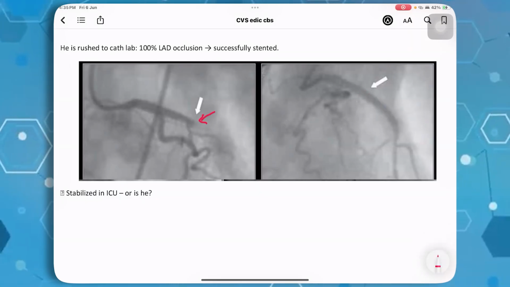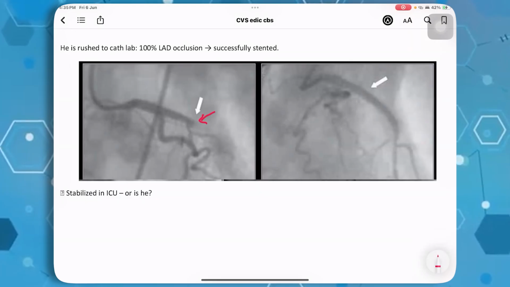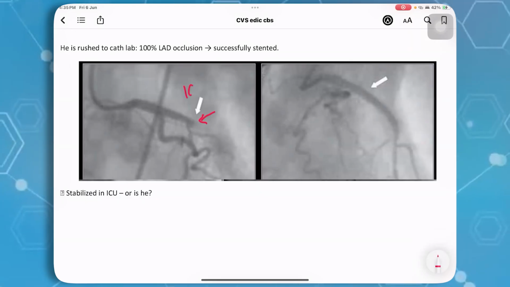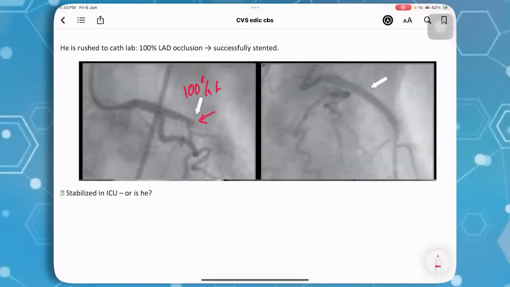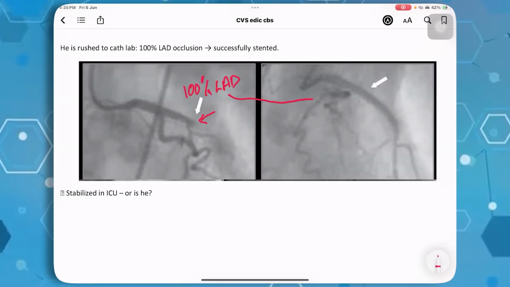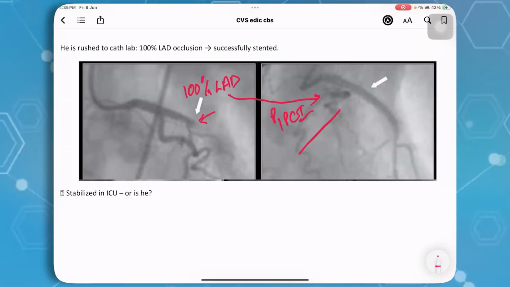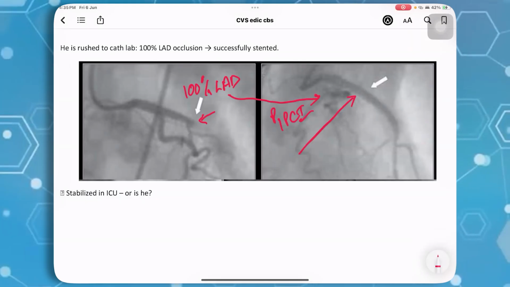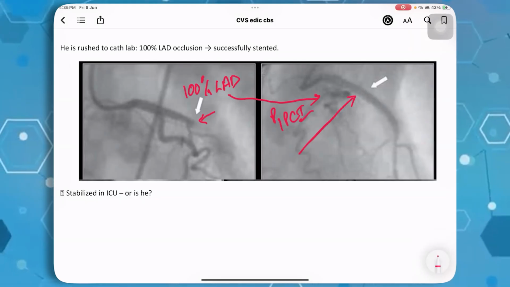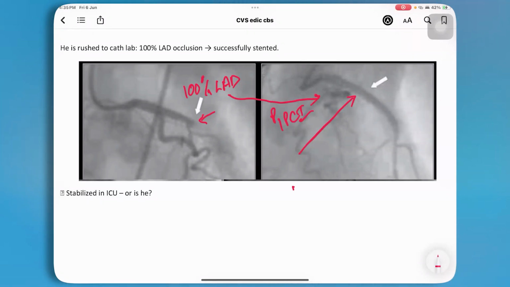So what started as a chest pain and MI due to LAD 100% occlusion, the primary PCI was done, the vessel was opened, and the patient is now stable.